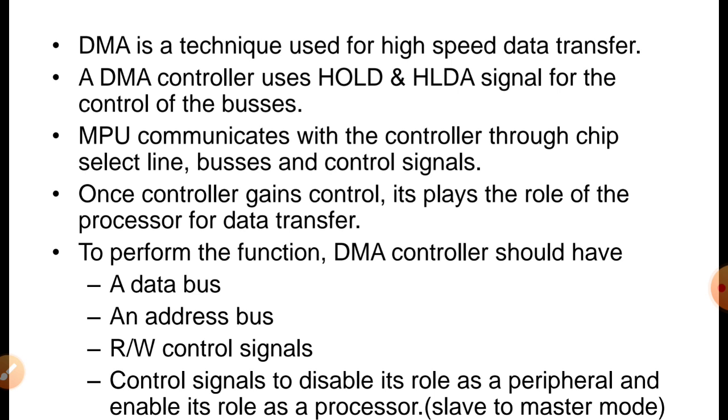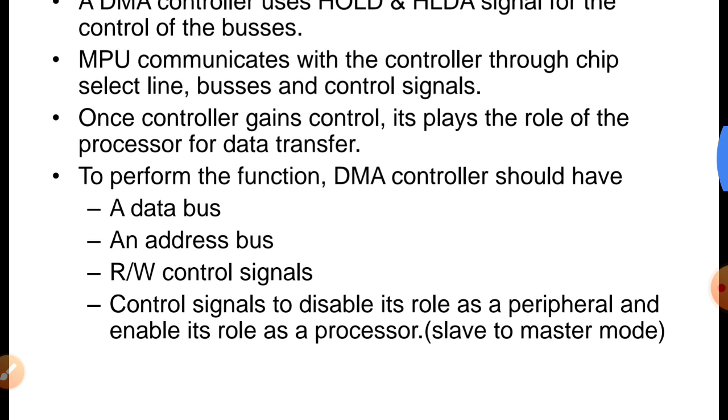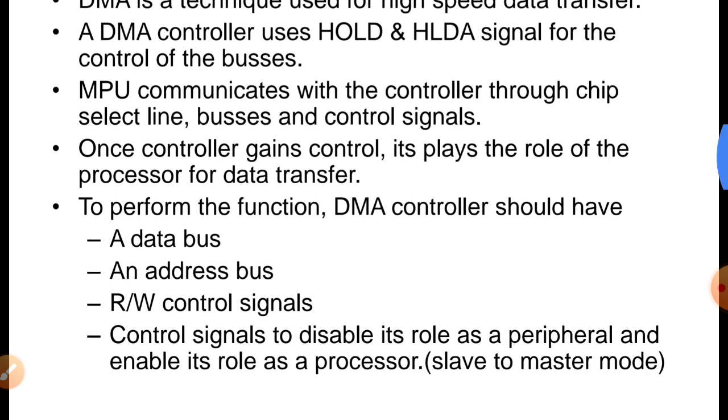So, that is why normally the DMA controller is said to be working in two different modes. One is the slave mode, another is the master mode. It works in slave mode whenever it is requesting the microprocessor to release the buses and to take the control over the buses.